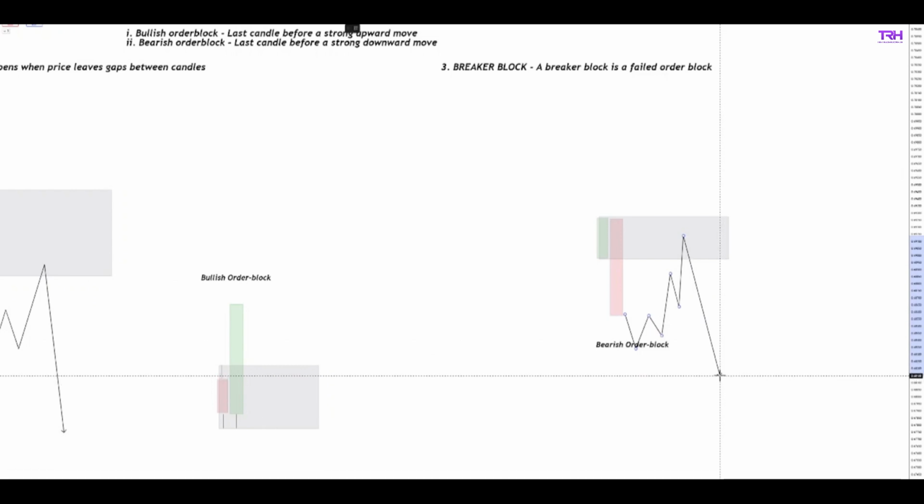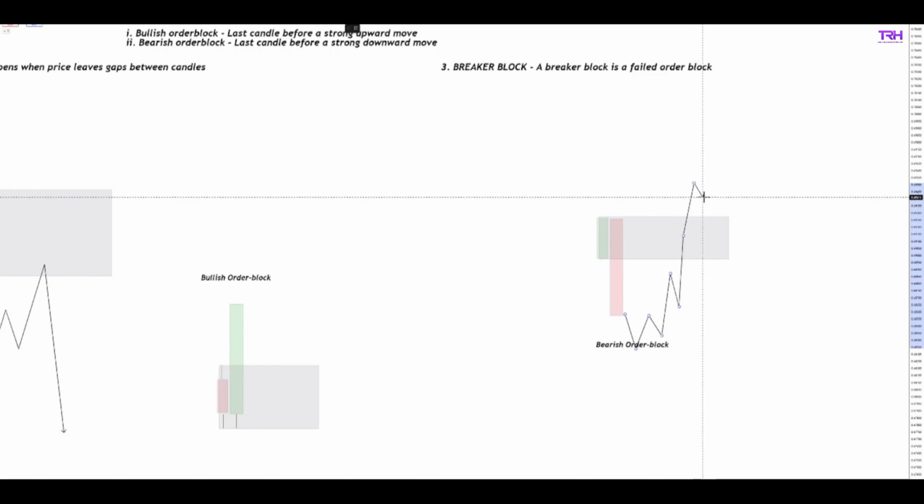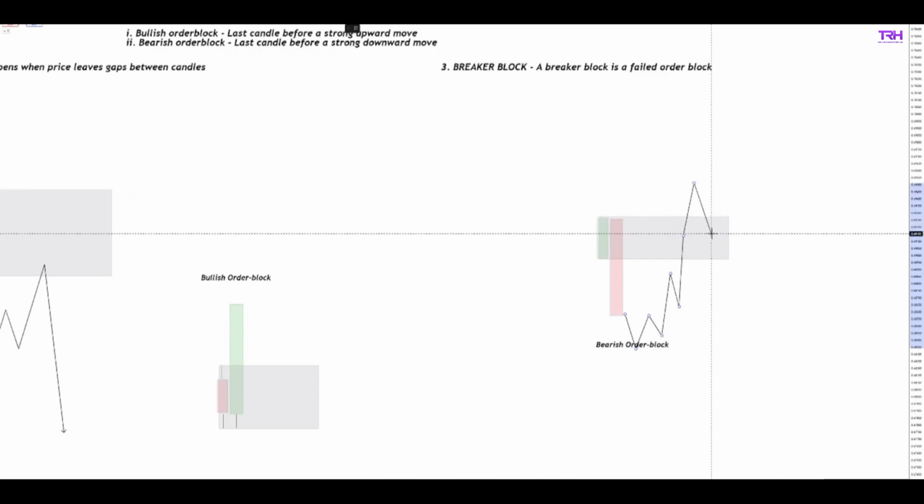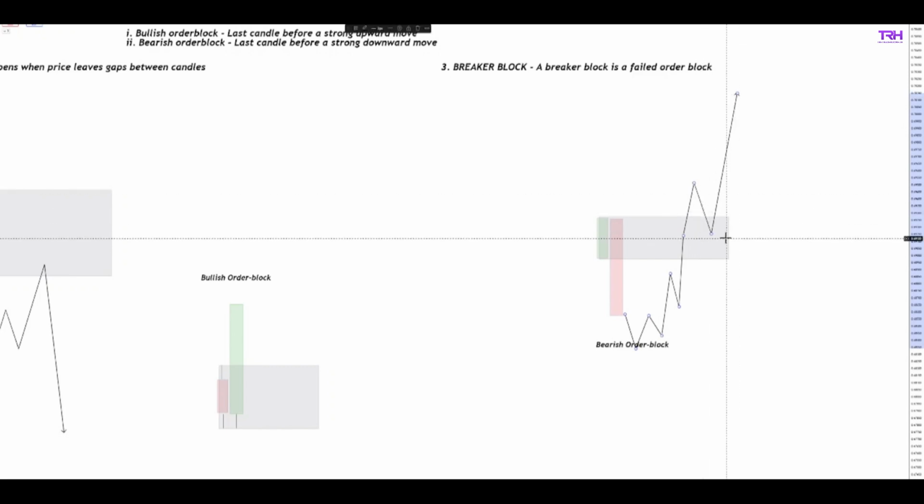But in a situation whereby price fails to respect it and probably closes above here, then there's also the potential that price will most likely come back here, use it as a key level or a POI to continue in the original direction it was coming from, which is the uptrend. So that is when we have a breaker block.